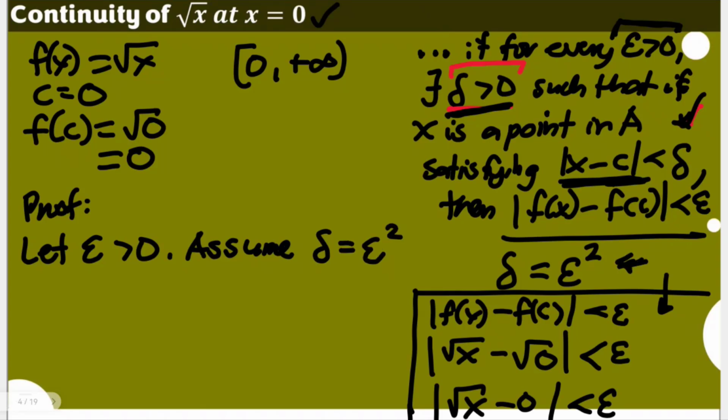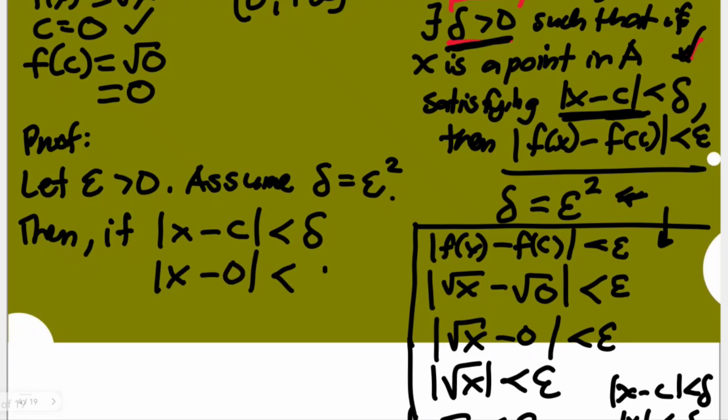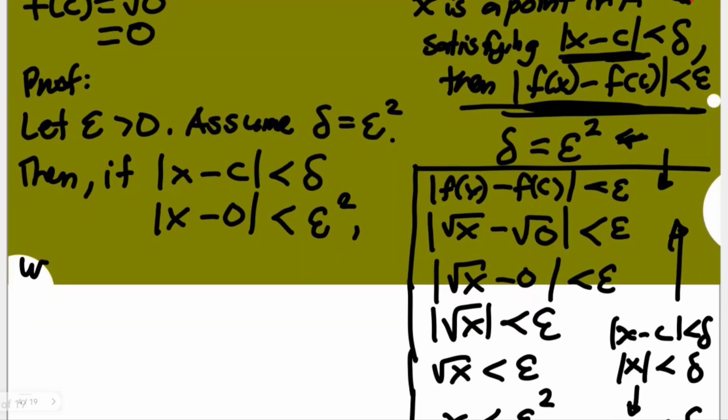Since delta is now existing, we can now continue with the statement. If you will have here |x minus c| less than delta, or if you would like to, you will have |x minus 0| less than epsilon squared. You can have that. Here you have the absolute value of f of x minus f of c.